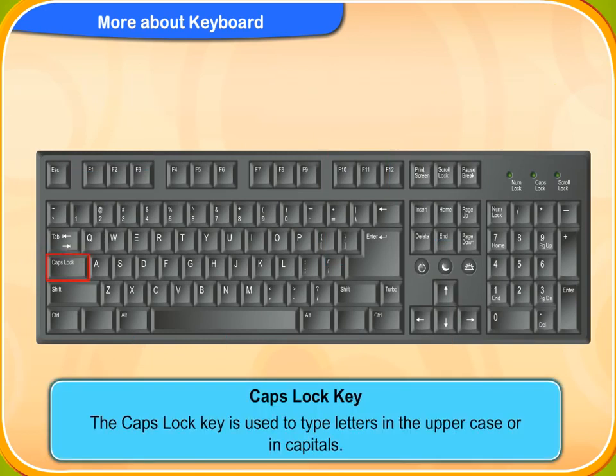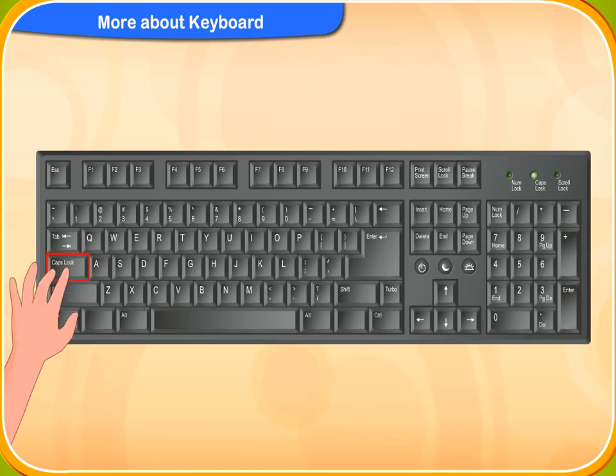The caps lock key is used to type letters in uppercase or capitals. So press this key. Hey, I pressed the caps lock key. And a light glows on the keyboard. Yes, it means the caps lock key is on.